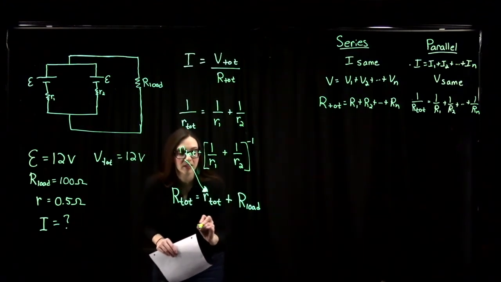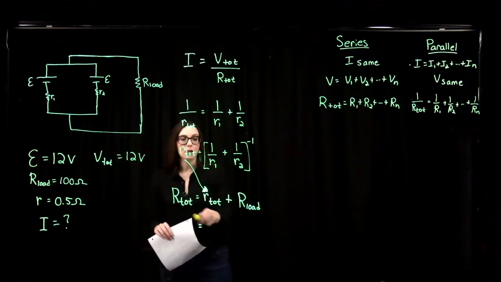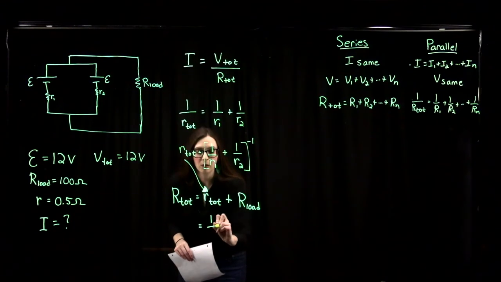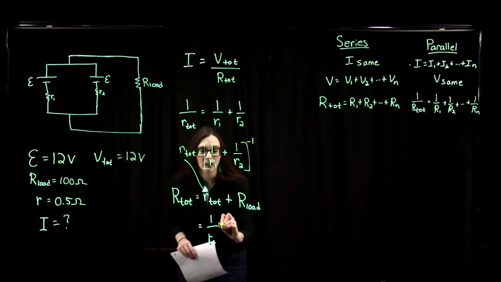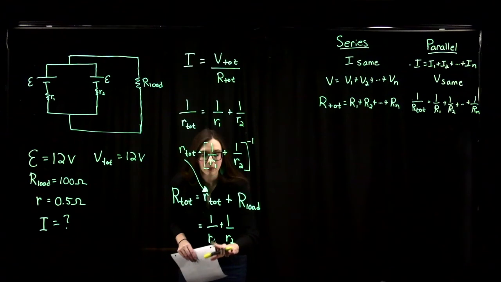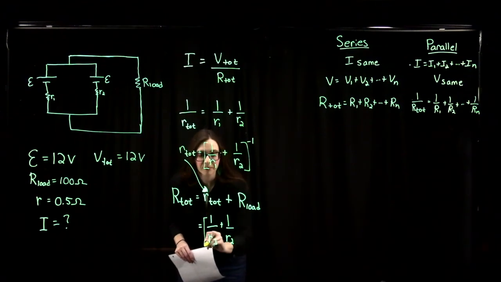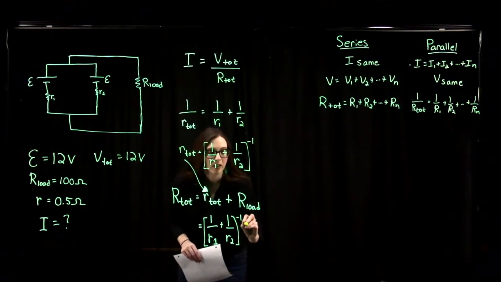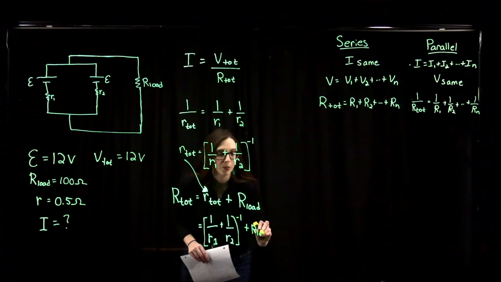If we write this out in equation form, our total resistance is (1 over little r1 plus 1 over little r2) to the -1, plus R load.